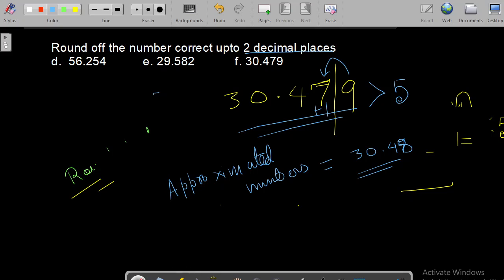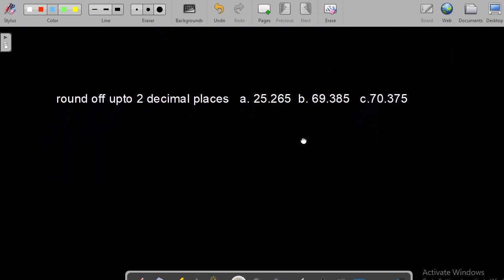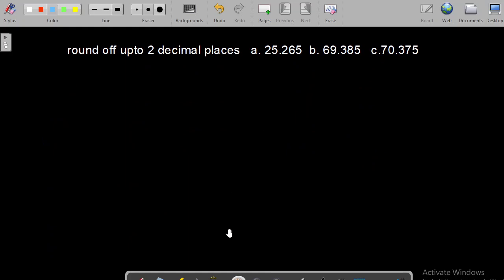Now the two cases we have studied, and there is a special case remaining. Let us go to that special case. What if the number after the cutoff line is not greater than 5, neither is it less than 5, but 5? What will happen? Suppose take the example of this number 25.265.